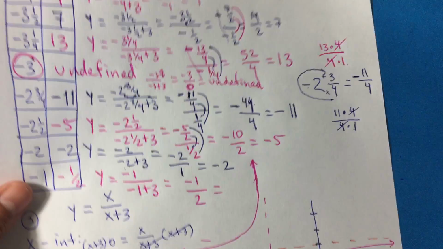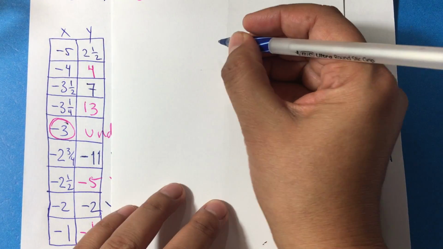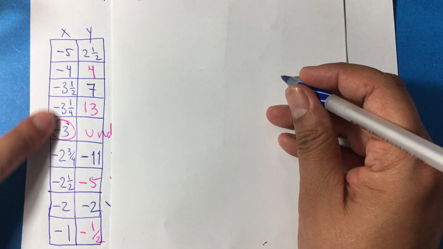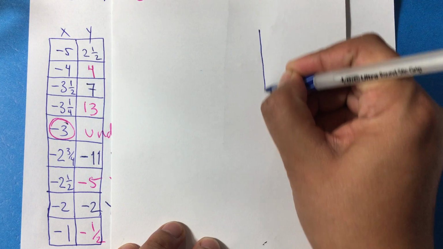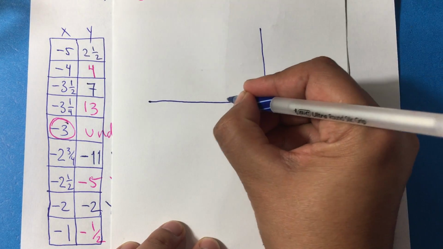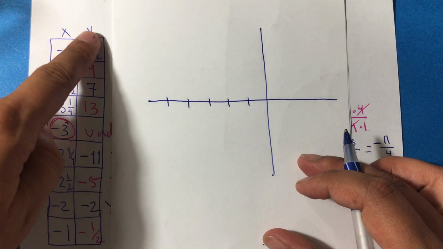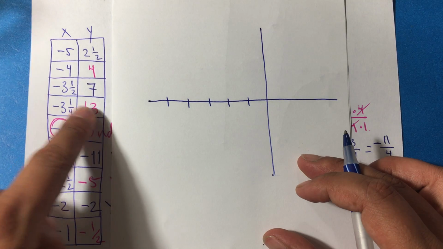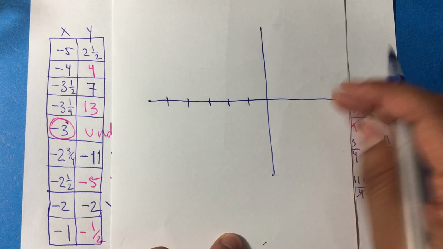Let's create a more accurate graph than that one. Let's try at least. Okay, on X you need negative 5 to negative 1, so we're going to try to do them more on this side. Negative 1, negative 2, negative 3, negative 4, negative 5. And then on Y, you need up to 13 and lower, as low as negative 11. So that's going to be a challenge.